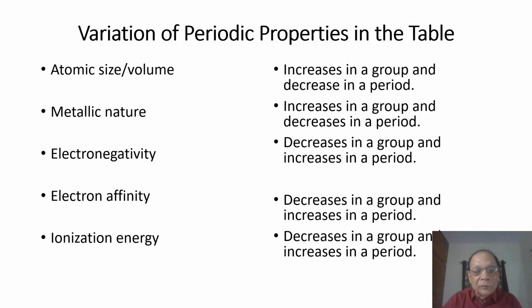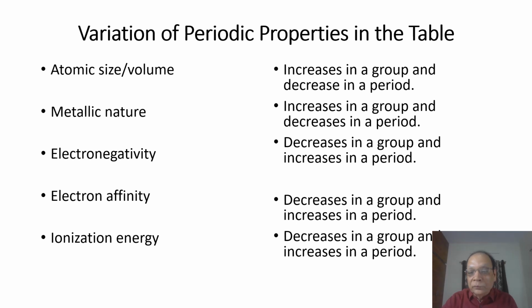Electron affinity, the energy given out when an external electron is inserted into a neutral gaseous atom, decreases in a group from top to bottom but increases in a period from left to right.